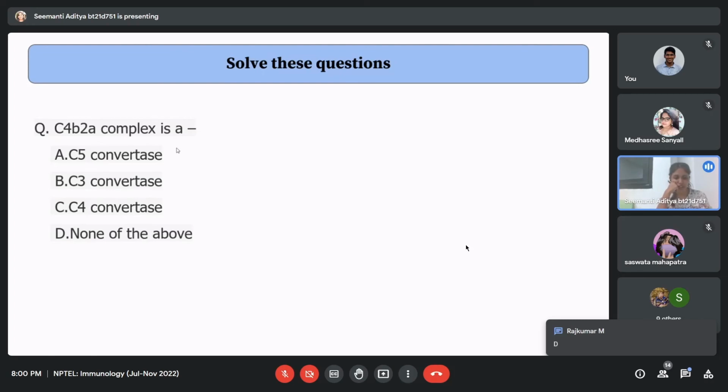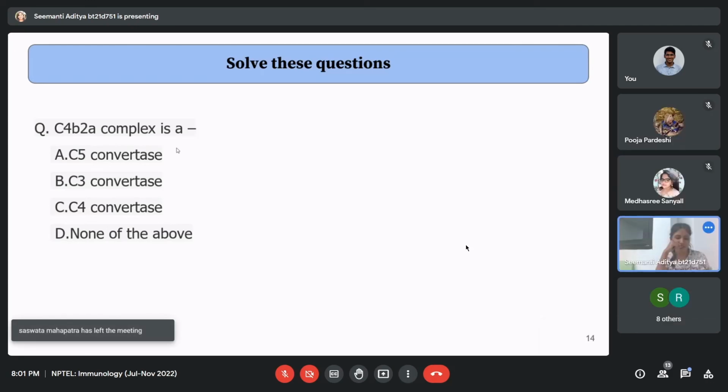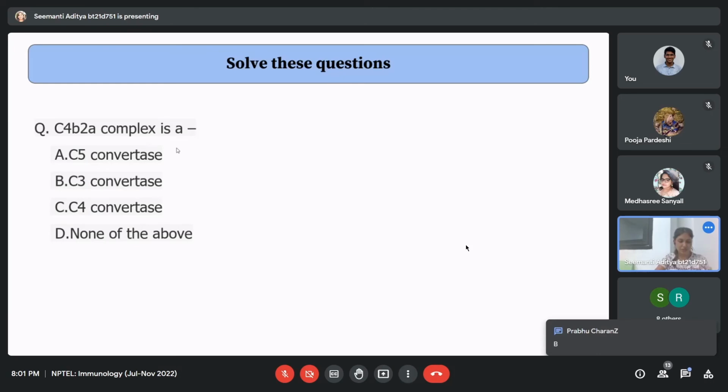No, Rajkumar, why will it be option D? Yeah, so the correct answer is option number B. Kirtana, it is not C4 convertase.